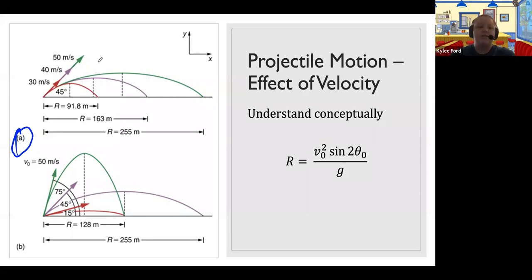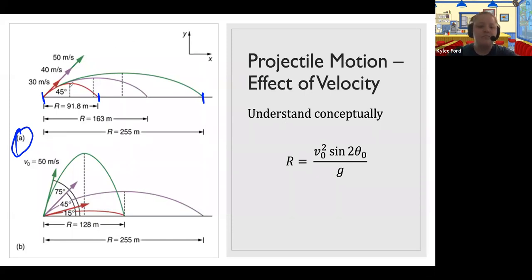So that's exactly what this is showing you here in part A. If we have a smaller starting velocity, the distance that it travels is going to be smaller than if we had a larger starting velocity. That's all this part A is trying to show you.